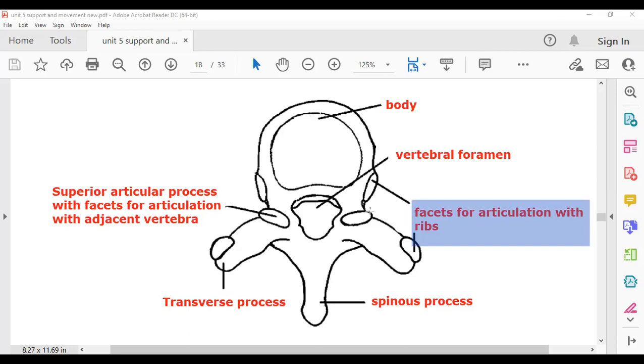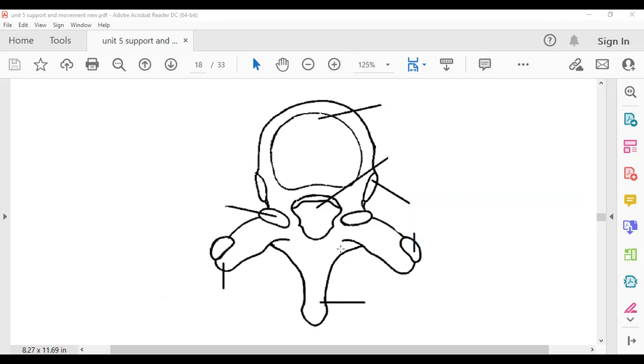Right. So if you take the ribs articulating here, in the rib there will be two places.